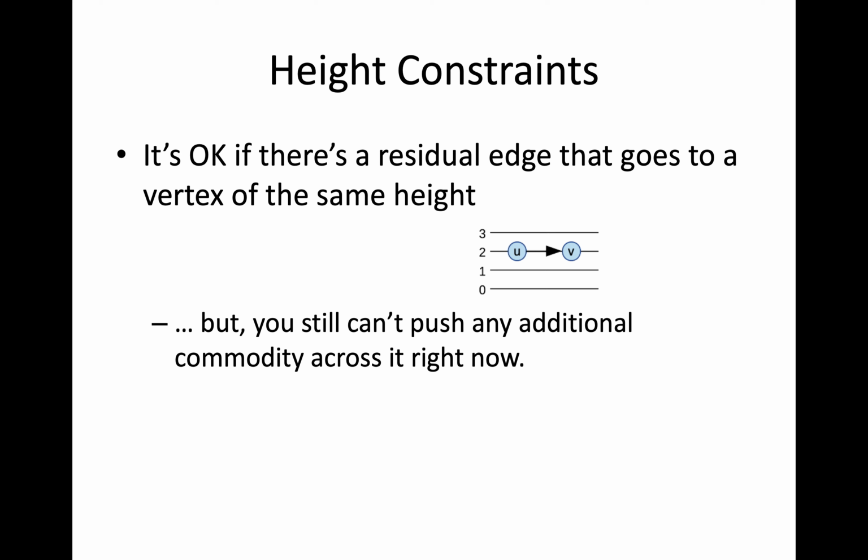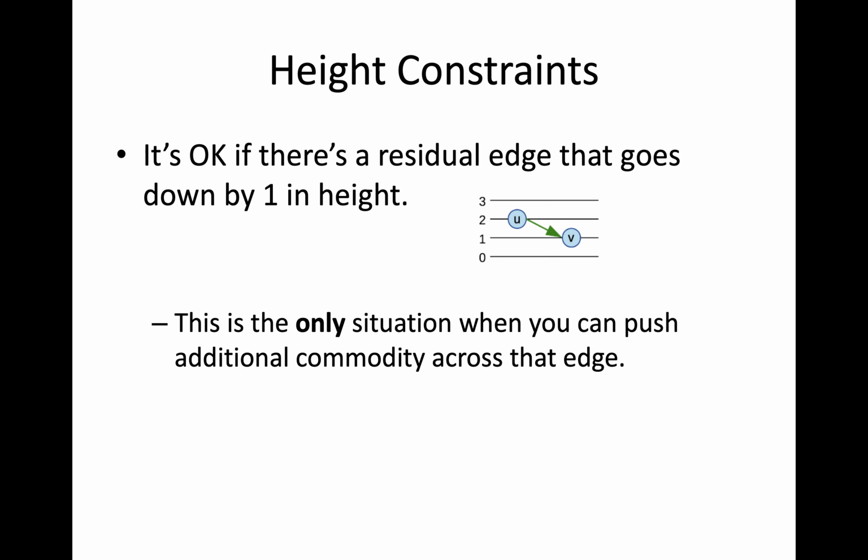It's fine to have edges that are horizontal, that go from a vertex to another vertex of the same height, but you still can't push across that edge. It's fine to have an edge in the residual graph that goes down by 1 in height. So like my picture shows, it's fine if vertex U is at some height and vertex V is 1 lower, and there's an edge between them with some residual capacity.